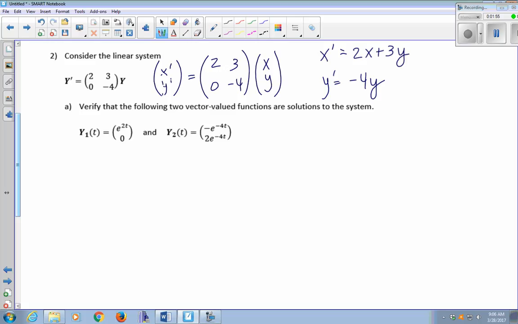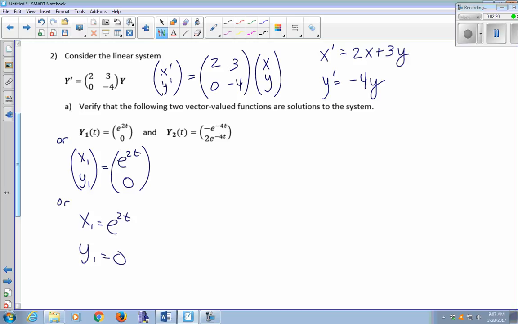So to translate, this says that x1, y1 equals e to the 2t and 0. So here's another way to say it. I can take out the vectors. x1 is e to the 2t, y1 is 0.